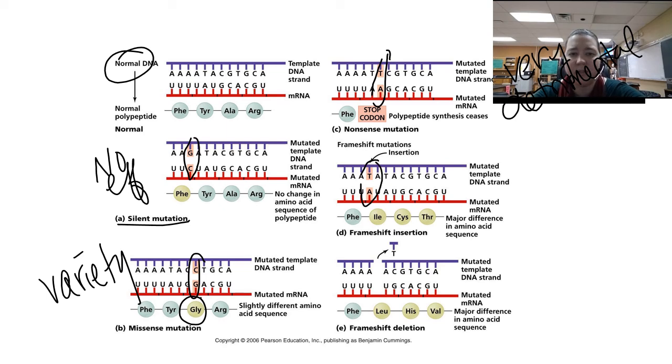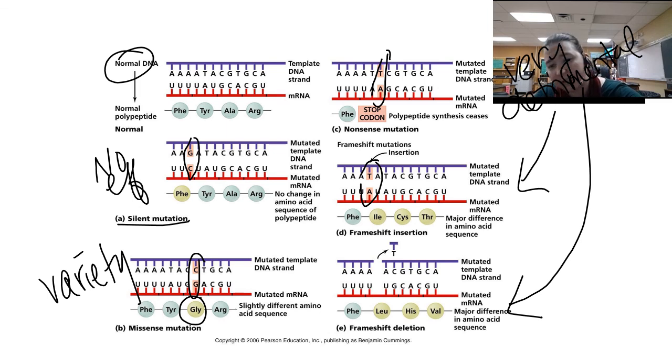So we inserted, and we changed the rest of them. This usually also has a big effect, once again usually detrimental. And then this last one is a frameshift mutation, so this was an insertion, this was a deletion. Once again, we changed the rest of them. So these usually cause a lot of problems.